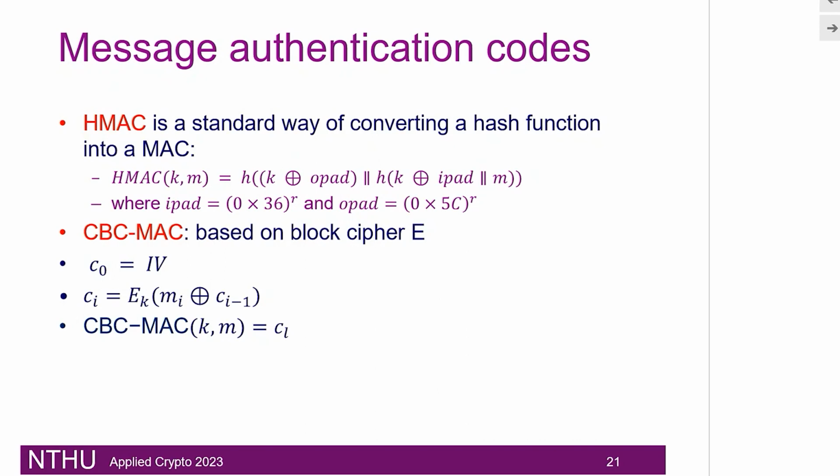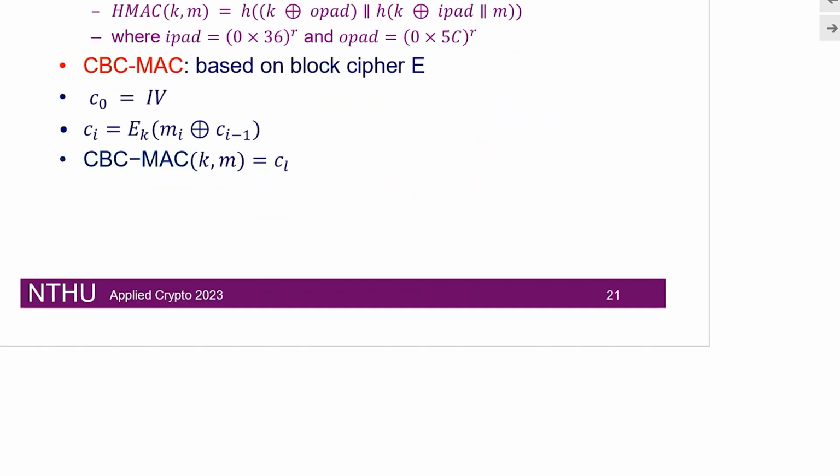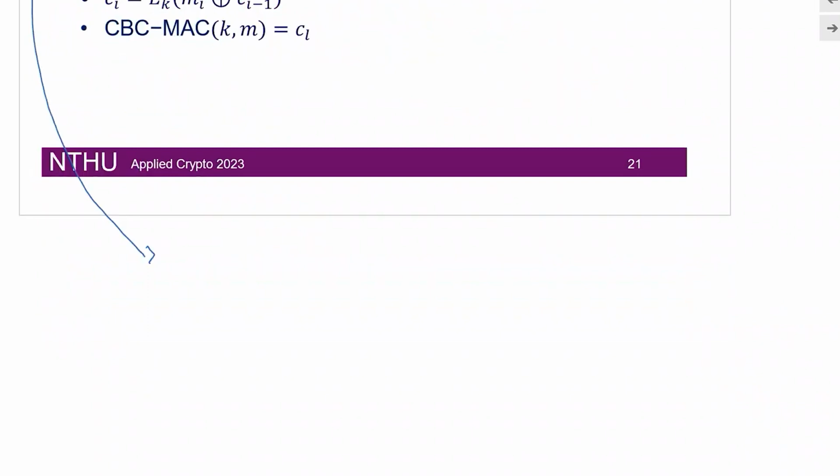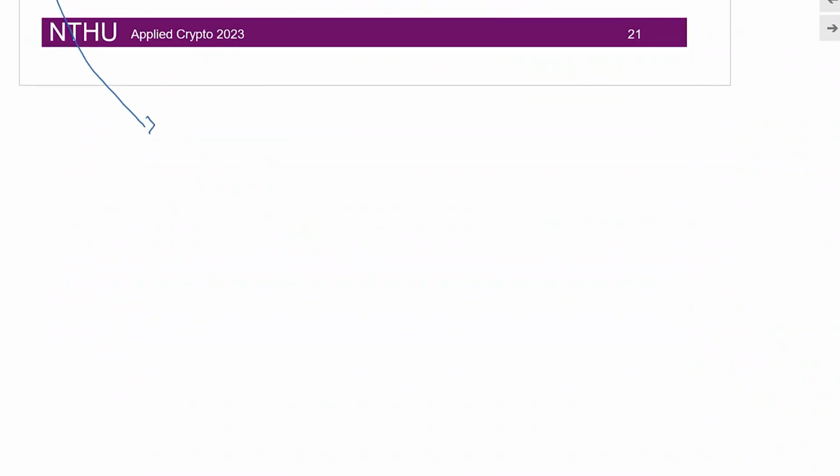In order to understand that, let me draw a small example over here of why it is beneficial to hash twice. Suppose we define HMAC of the key and M to be just the hash of K XOR ipad, concatenated with M, right?